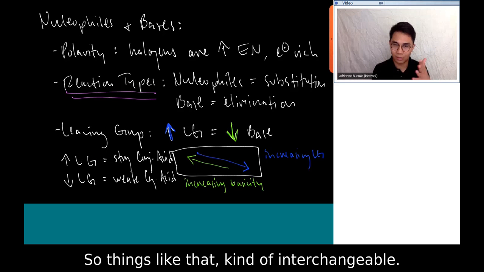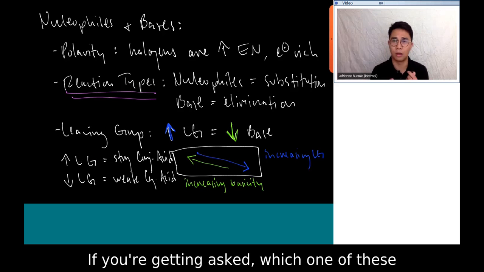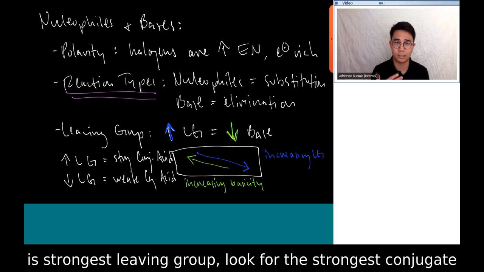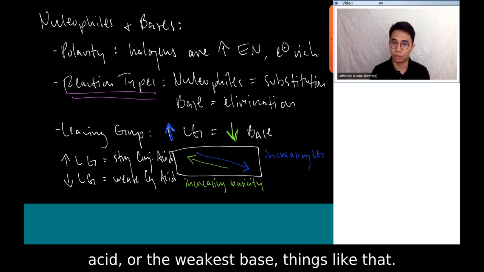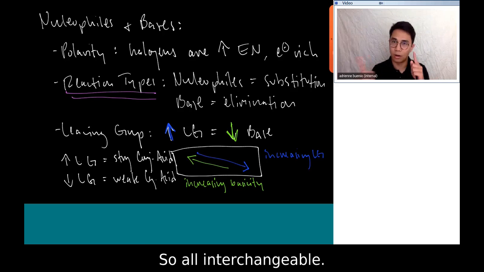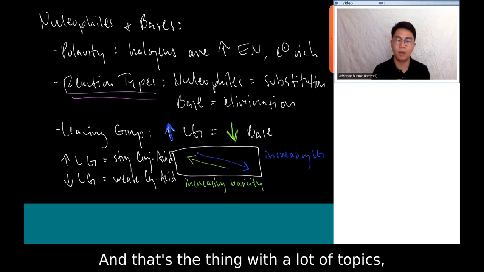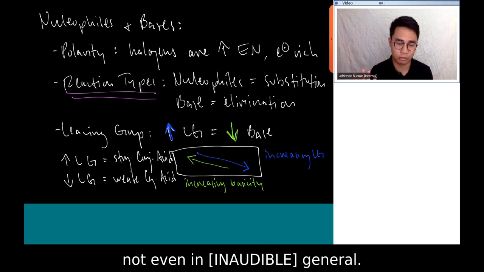So things like that, it's kind of interchangeable. If you're getting asked which one of these is the strongest leaving group, look for the strongest conjugate acid, or the weakest base, things like that. So all interchangeable, and that's like the thing with a lot of topics, not even just in organic chemistry in general.